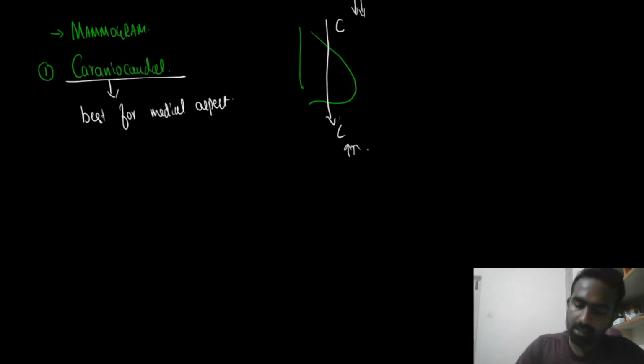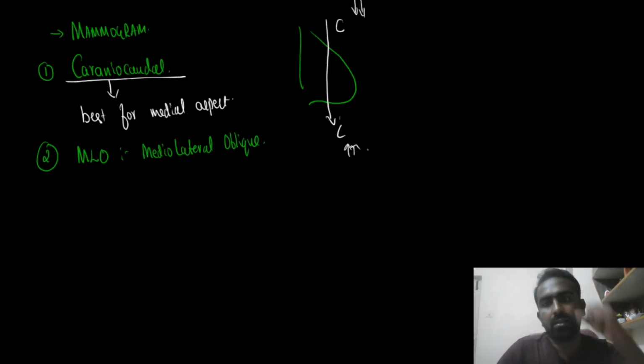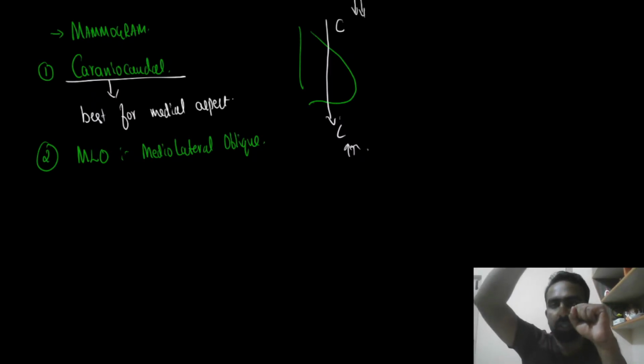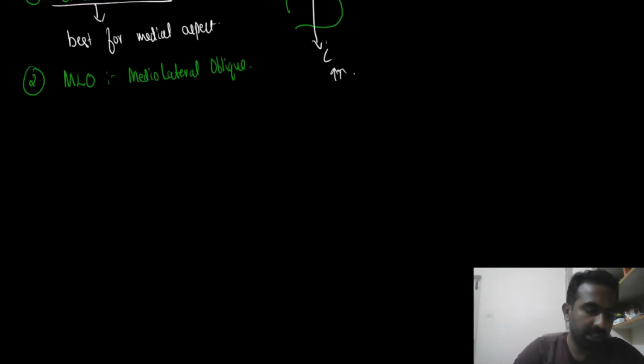Okay. The other view is the mediolateral oblique view. Let's think of this as a breast. If the X-ray is just like a camera, and we look from above downwards, this is the craniocaudal view. If we are looking from medial to lateral in an oblique direction towards the axilla, it is the mediolateral oblique view. What is its importance?